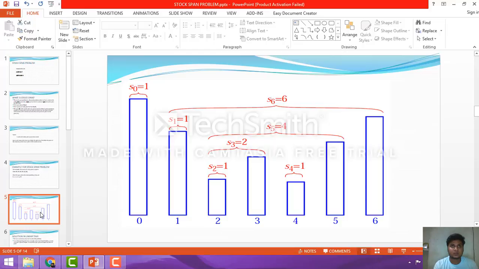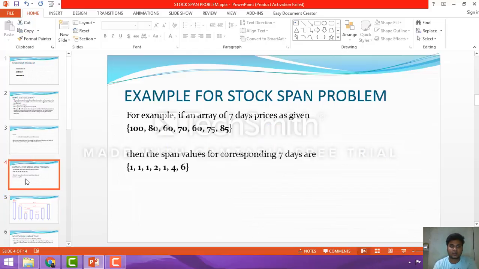Now, here there is a diagram for this. Here we have all 7 days arranged in array order, and we initialize S0 equal to 1 when we start. Then we compare the first day to the second day. The first day value is 100 and the second day value is 80, as given in this example: 100, 80, 60, 70, 60, 75, 85.